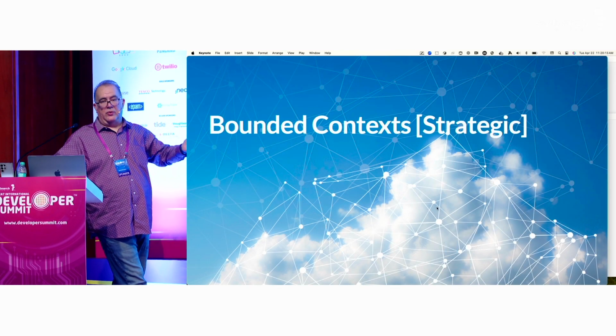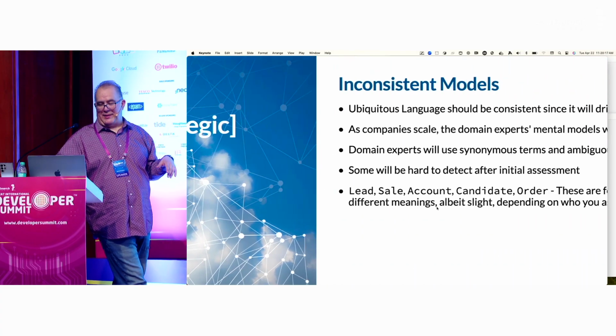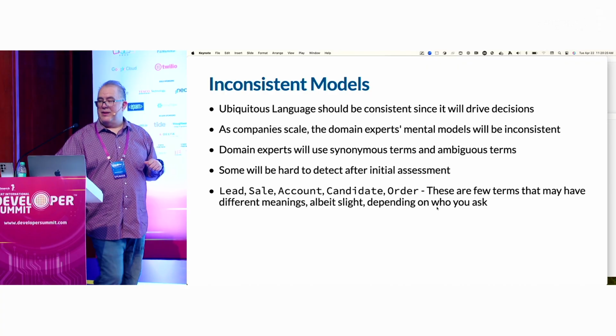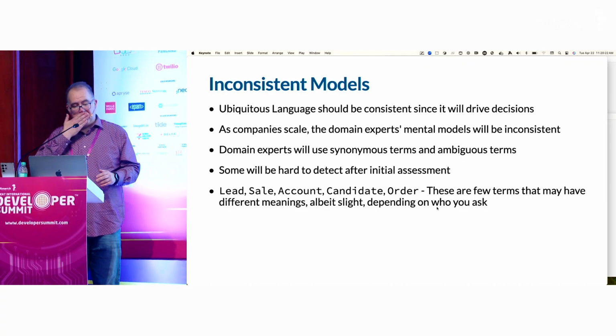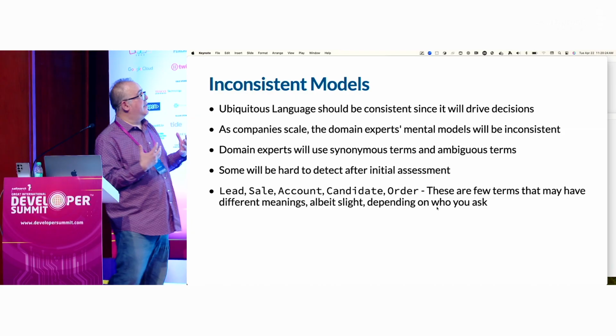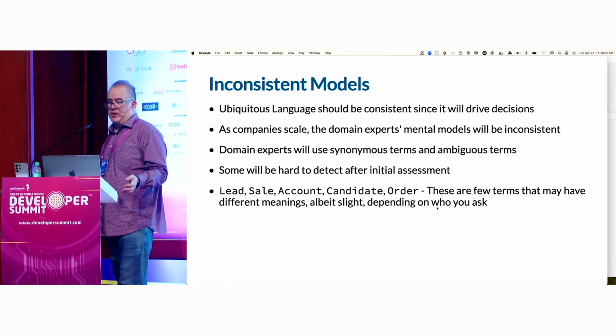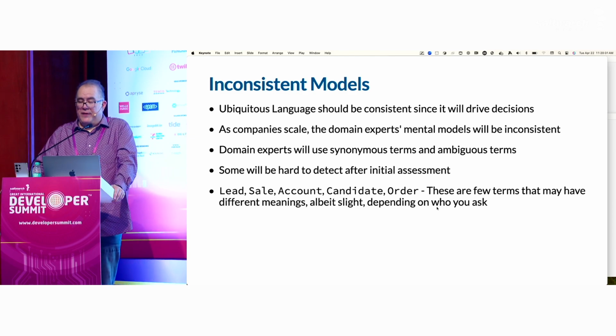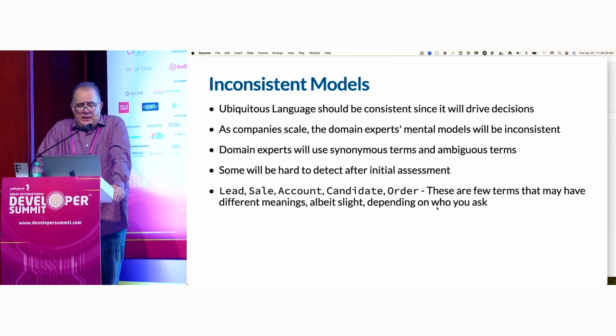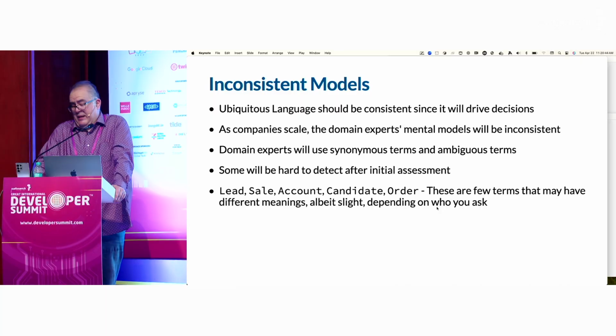Okay, cool. Now we move on to bounded context. All right, so you have that ubiquitous language, you find out that the domain experts' ideas and terms are going to be inconsistent. You find that they're using synonymous terms. It may be hard to detect initially, but a few terms may be something that you look at and you're like, I don't know.